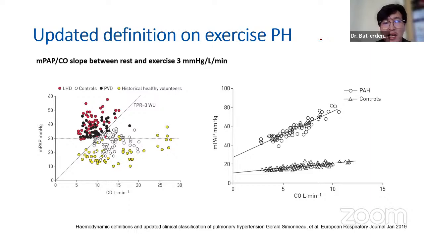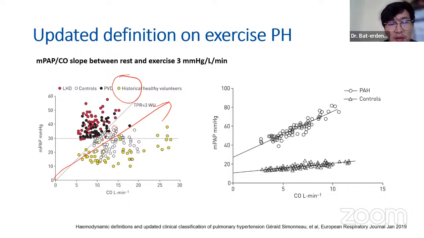So how about exercise pulmonary hypertension? Historically, over 30 at exercise was the definition, but there is very limited right heart catheterization data for that. In normal people, pulmonary vascular pressure also increases during exercise, as shown in this graphic. Especially, we can see the control group is all over 30 under exercise.